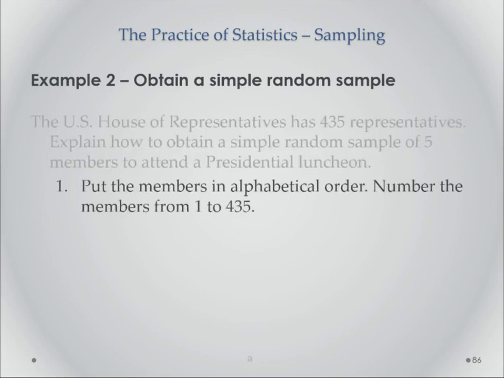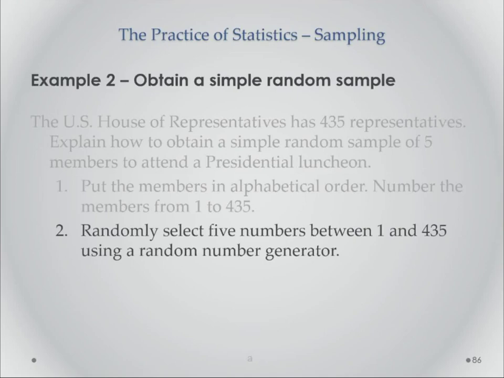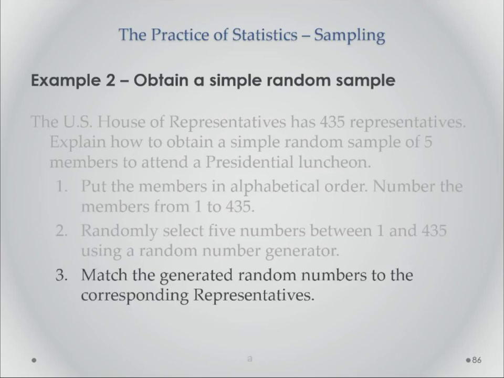The way we do this is we put the 435 members in alphabetical order, number them 1 to 435, and then randomly select 5 numbers between 1 and 435, using some sort of random number generator. Then we match those randomly selected numbers to a corresponding representative.